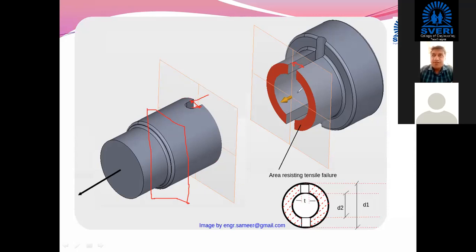Here only we have considered this plane at which the failure is going to take place. Why? Is it critical point over there that we have to consider that plane only? Why we have not considered this plane? Are you getting my question? Yes, sir, getting, sir. Then why we have not considered it?